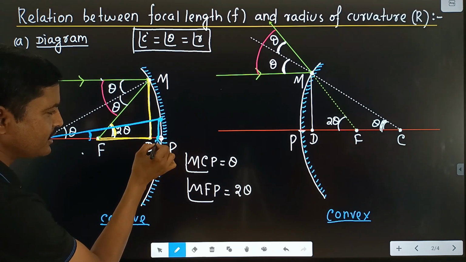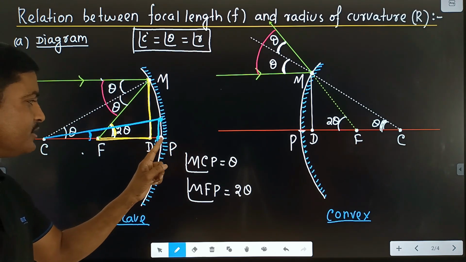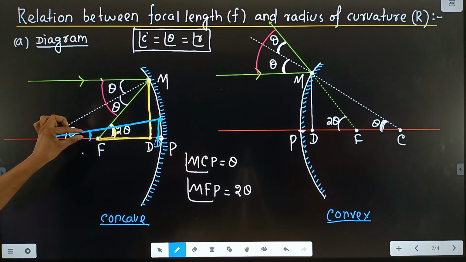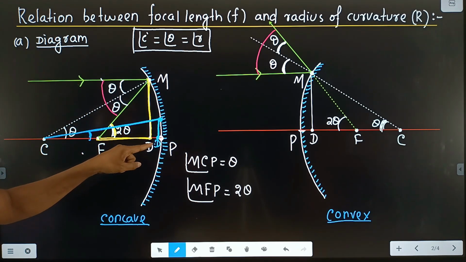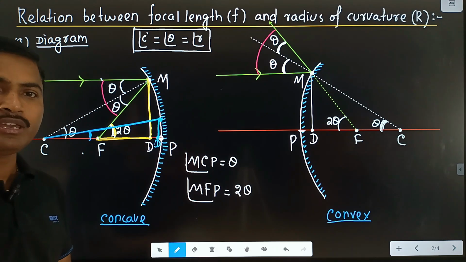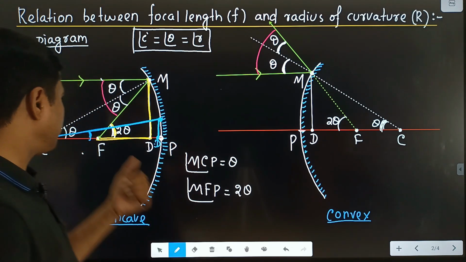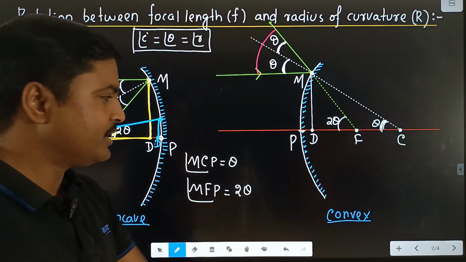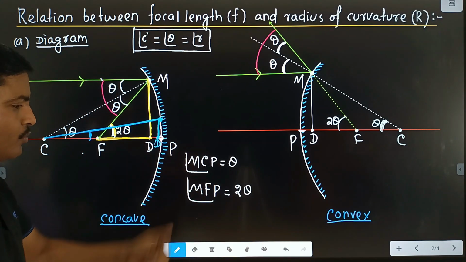That means this point is D, which is very close to the point P. P means pole. So for small angle theta, in place of D we write P.